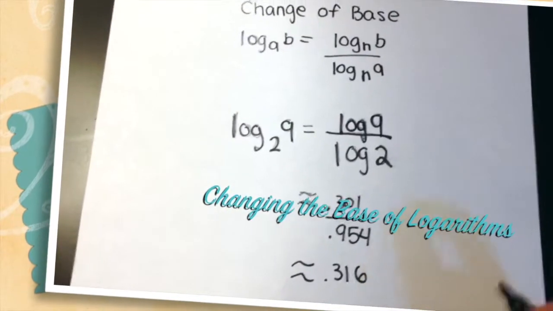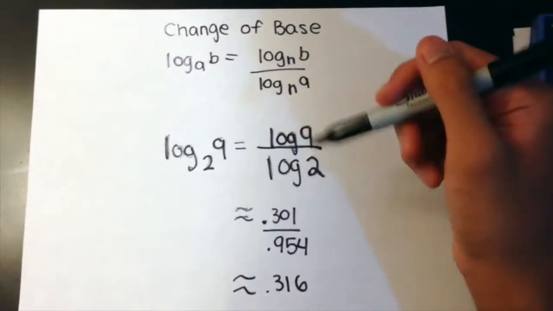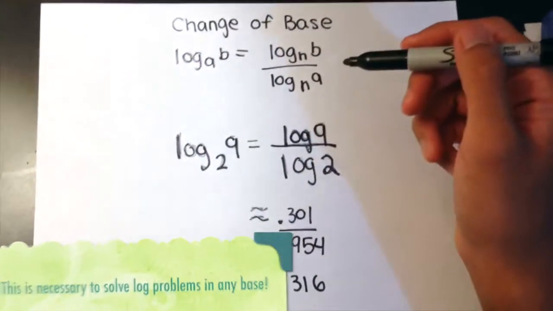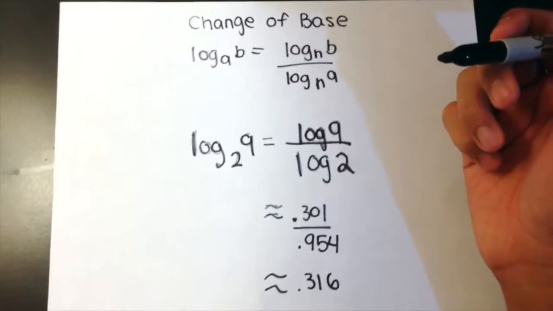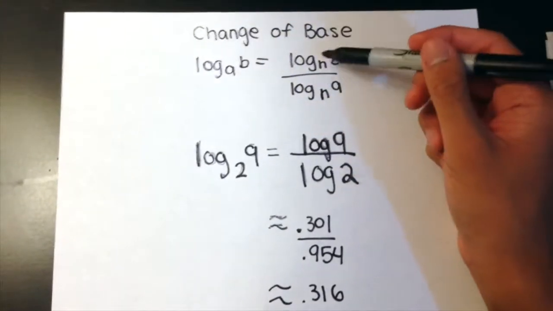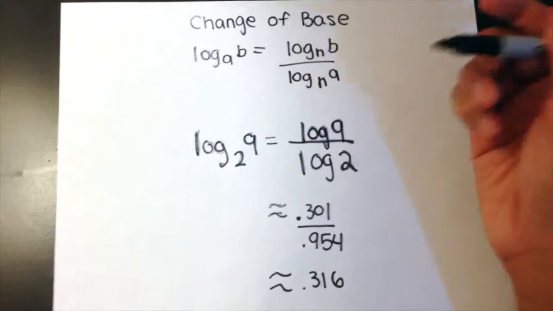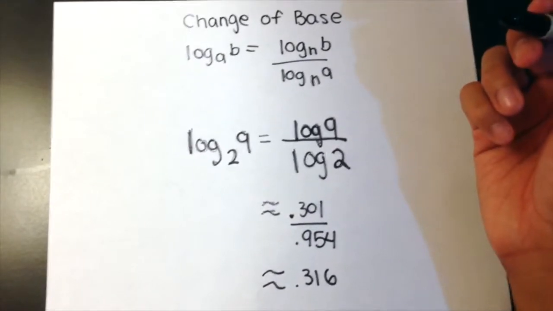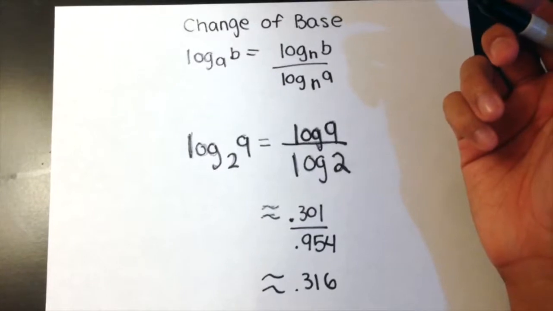And today's topic will be the change of base formula, and I have some examples here, as you can see. First of all, this would be the formula, and for these problems you would most likely use a calculator. For the base, n here as I put, would usually equal log base 10 or ln, which are the two buttons that usually show up on a calculator.